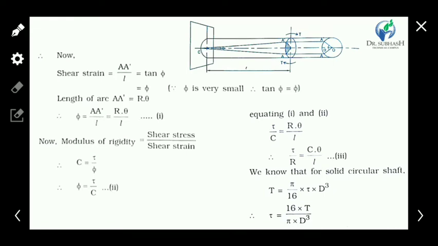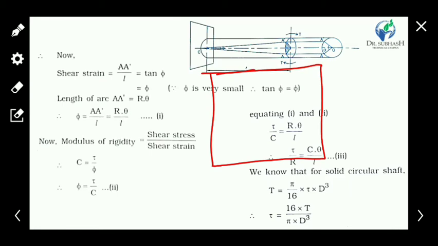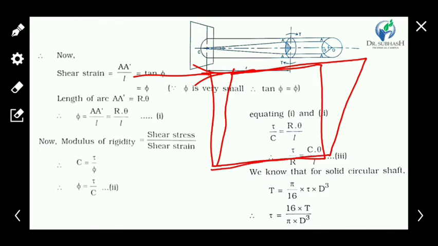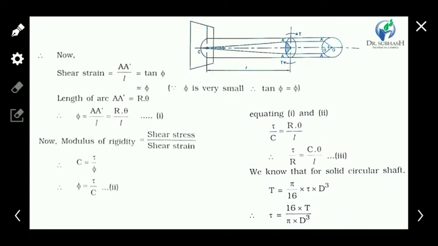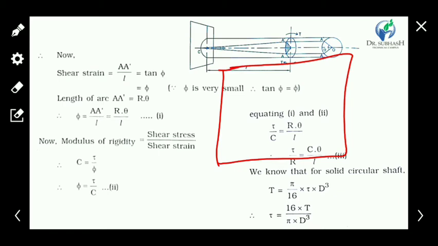Now shear stress is defined in this way. If this rectangular section is there and a force is given, it achieves a new position, shown by the dotted lines.